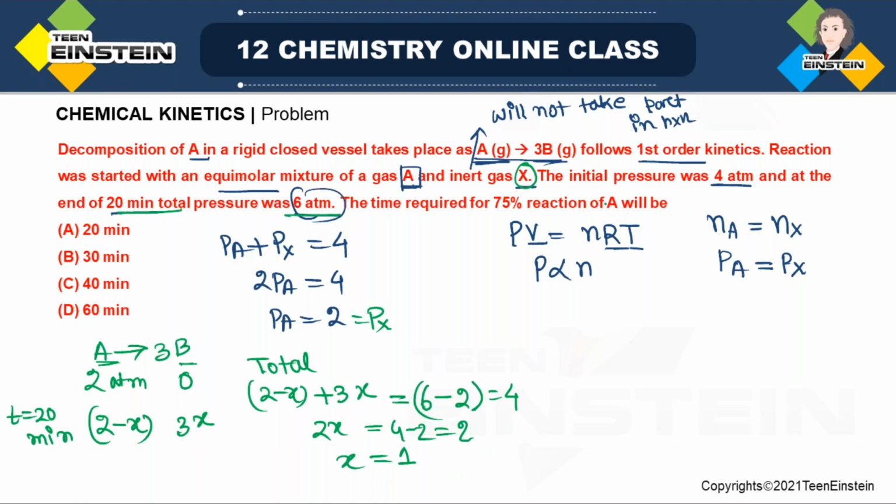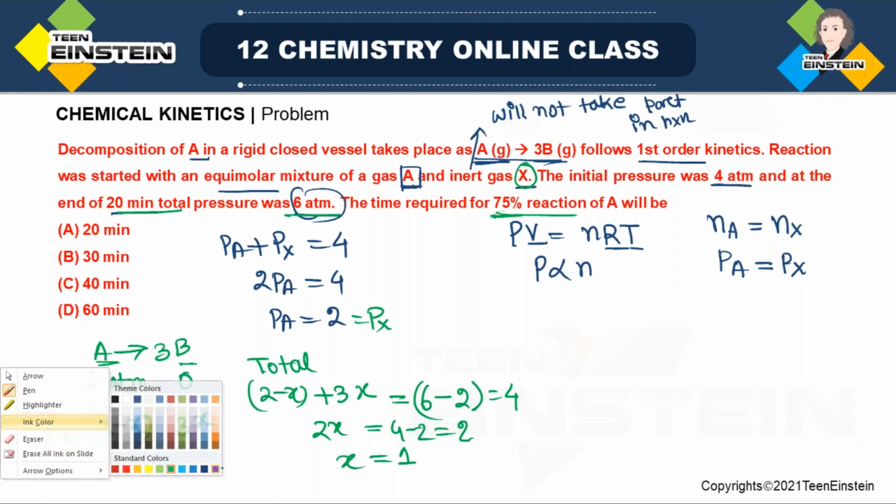Okay, and it is finally asking the time required for 75% reaction of A. But see, to find out the time required for this percentage of reaction to be complete, we have to use the equation. Remember, for first order, which equation we use?